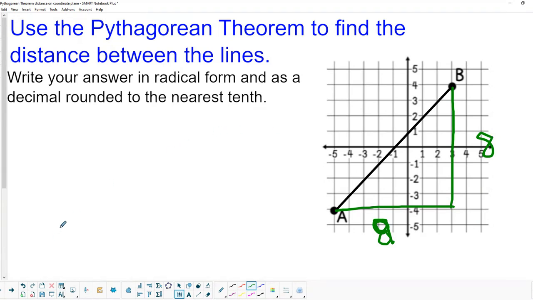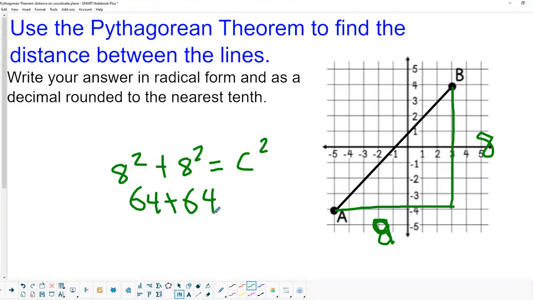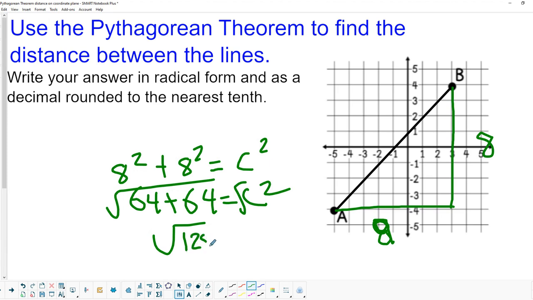So our Pythagorean theorem is going to look like this. 8 squared plus 8 squared equals c squared, or 64 plus 64 equals c squared. And then we take the square root of both sides. We get the square root of 128 equals c.